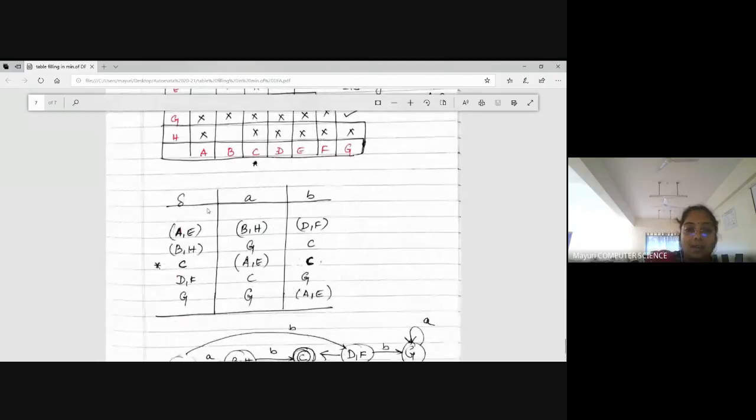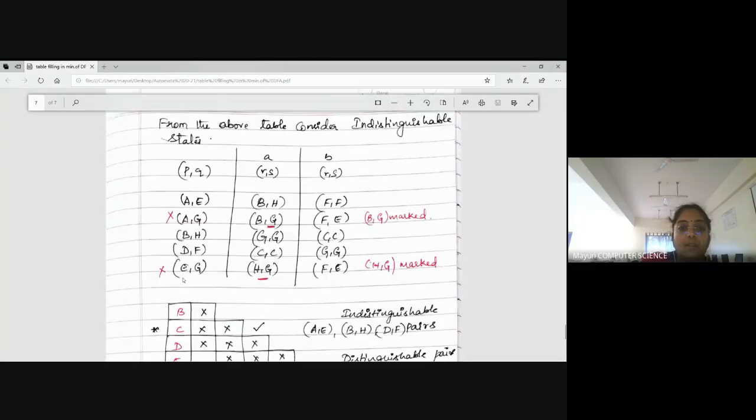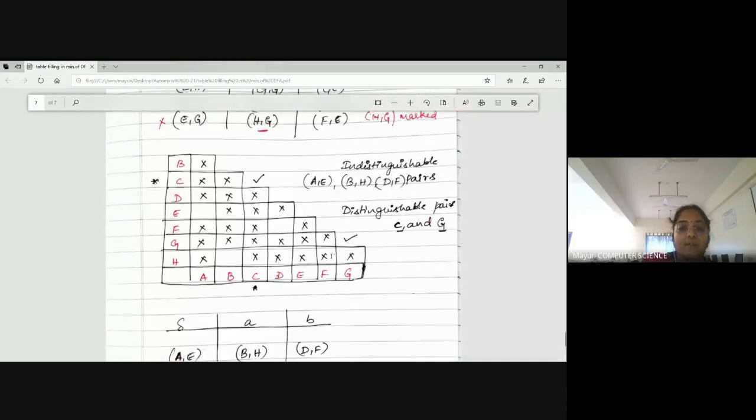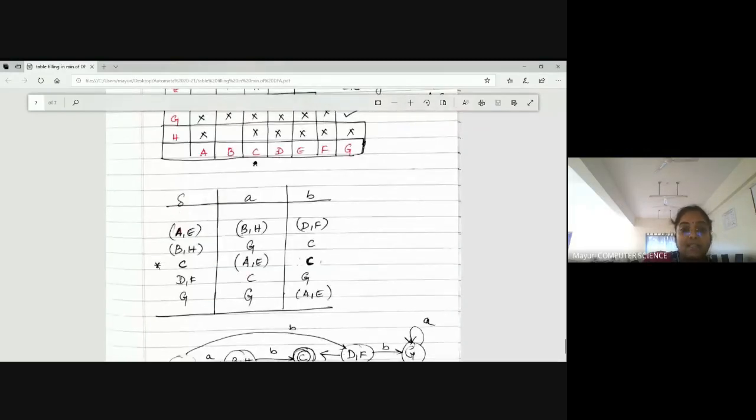You don't have a state called A, but you had a state called AE. So I will write AE and, as usual, C here. What about DF? You see DF, it is going to CC and GG, but I don't have CC in my states list. So I will write C and G.